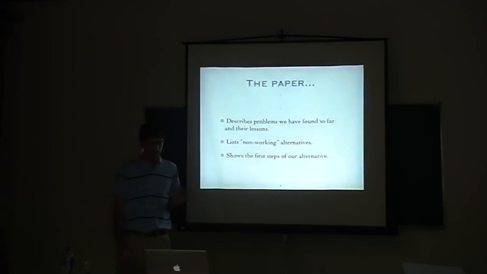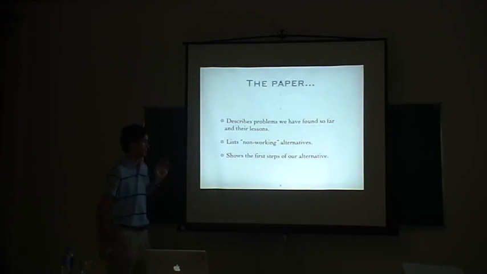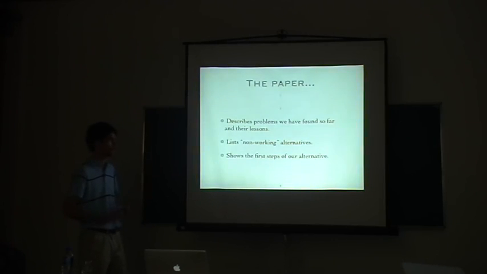So in the paper, we focus on three things. The first is, as I told you, we sum up the problems that we have found so far. Because there are really a lot of problems and they are not obvious, and it took me a lot of time to understand them. So I think it would be worth it to at least document them, so if Pharo wants to do future work, at least you can know the problems it will find.